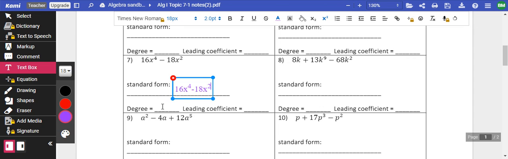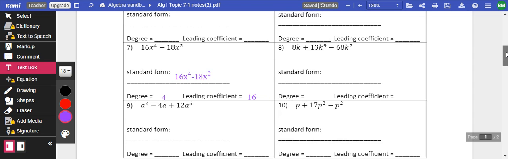That looks great. We're going to say the degree is 4. That's the biggest exponent. Not the letter, but the number in front of the one with the biggest exponent is 16. That leading coefficient, most people make a mistake on, so be careful when checking that. Not the biggest number, 18 might be bigger, but 16 is in front of that x to the 4th.